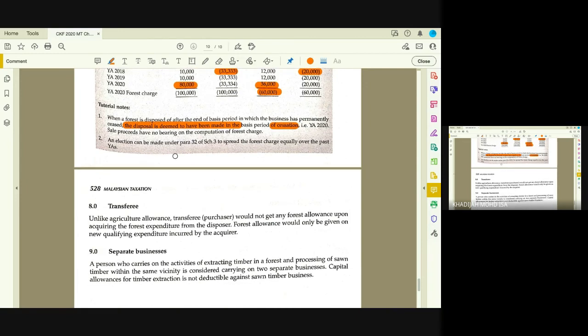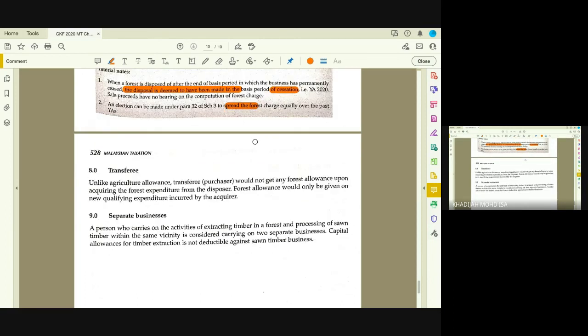Election can be made under para 32 Schedule 3, whereby you want to spread back equally over the past years of assessment. As for the transferee, this is not similar to agriculture allowance. The transferee or the purchaser of the forest business would not get any forest allowance upon acquiring the forest expenditure from the disposer.